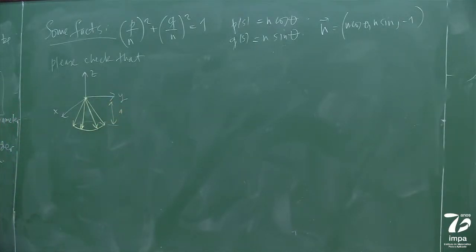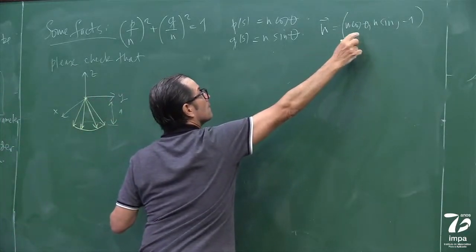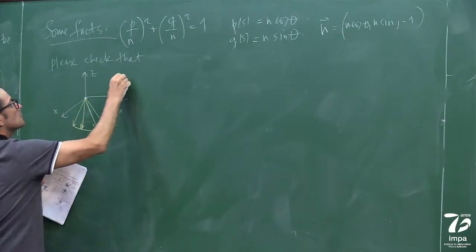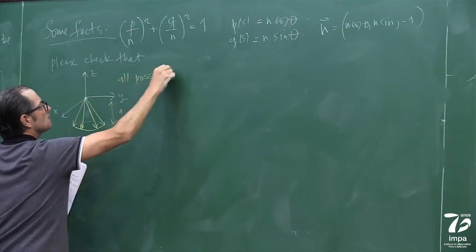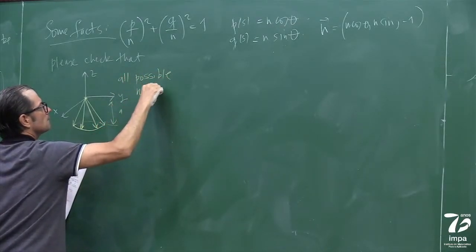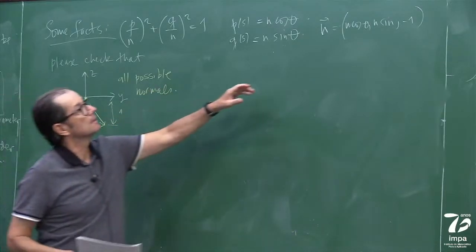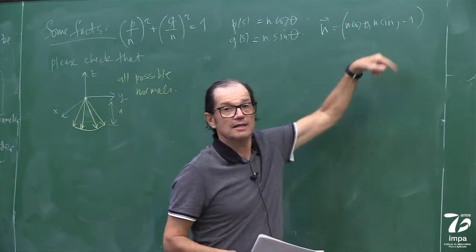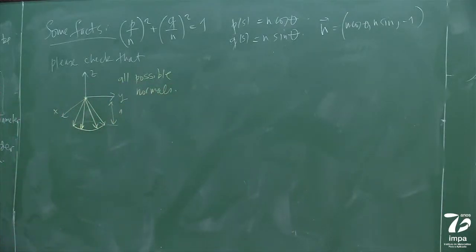This is 1. So look, what I'm doing is drawing all possible normals, thinking of this, because it's n cosine theta and sine theta minus 1. Let's just draw it like this, okay?